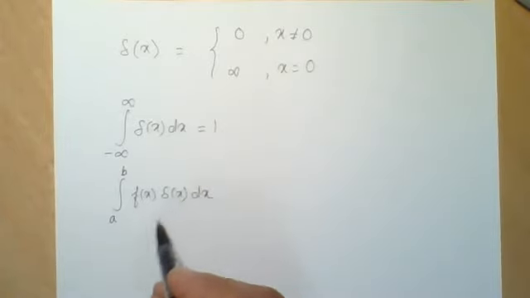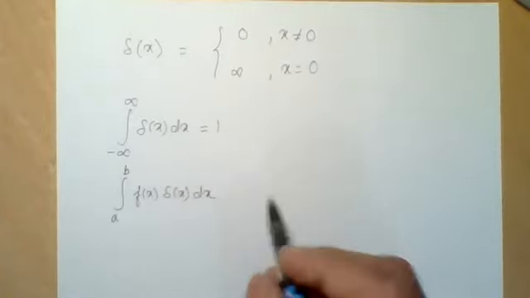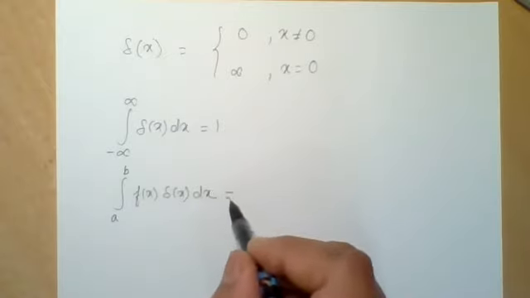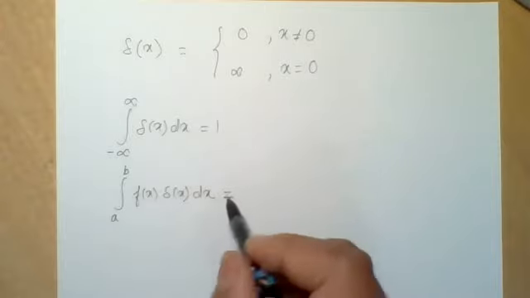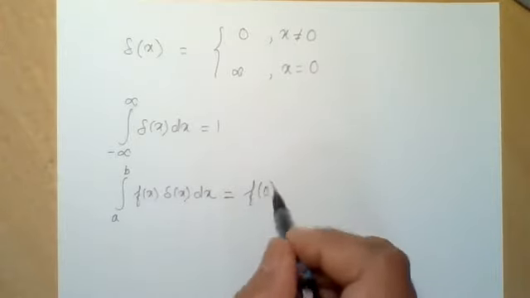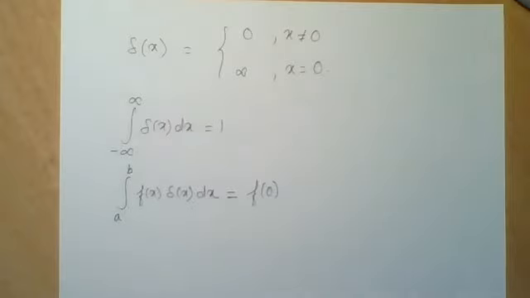If f(x) is a well-behaved function, then this is equal to f of 0. This we discussed last time. So today let us study some properties of the Dirac delta function.